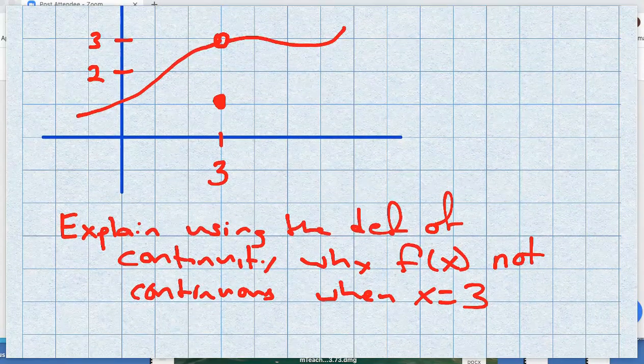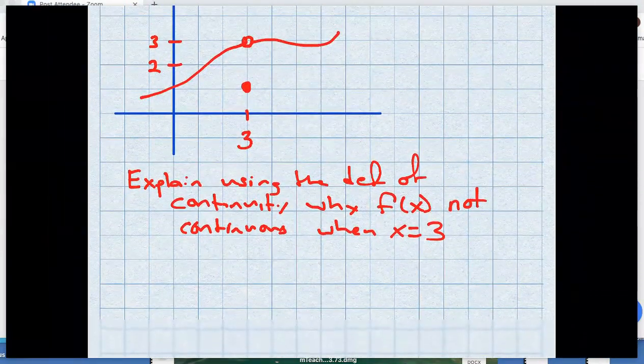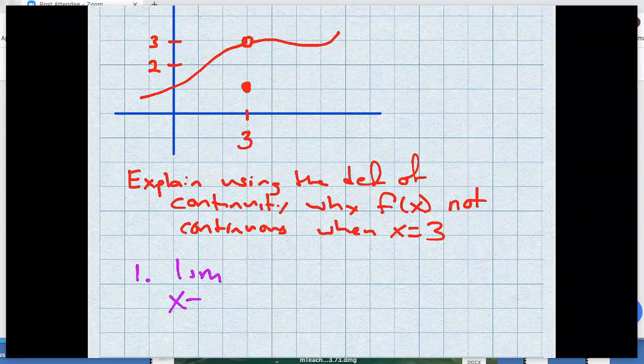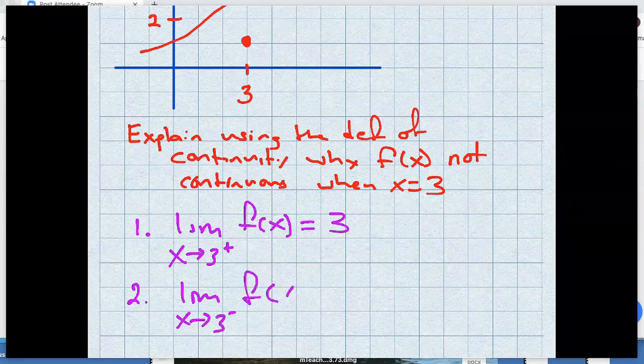Well, if you break down these four things, you say, okay, let's look at the first thing. What is the limit as x goes towards 3 from the right side of f of x? And I'd say, yeah, that's 3. The second thing, what's the limit as x goes towards 3 from the left side of f of x?